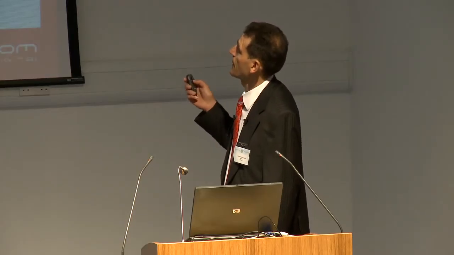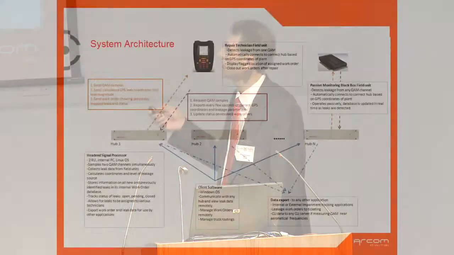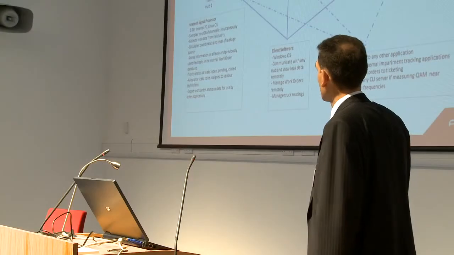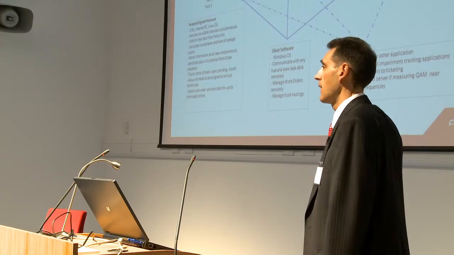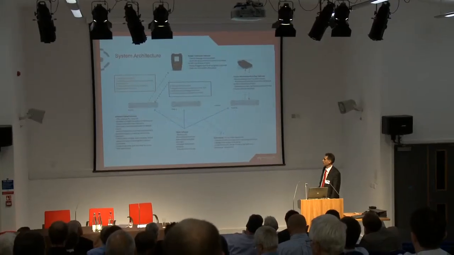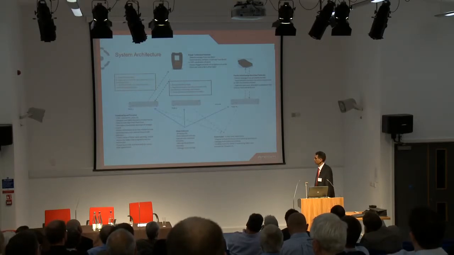There can be also a passive monitoring black box field unit that works in a very similar way to the handheld, which you see on the left side of the upper part of this screen, and collects data for future analysis. All the data is stored in the signal processor at the hub. There is a Linux computer. That data can be accessed by the client software from multiple sources, sites, and the data can be exported to any application.